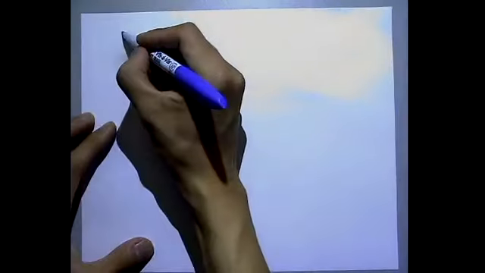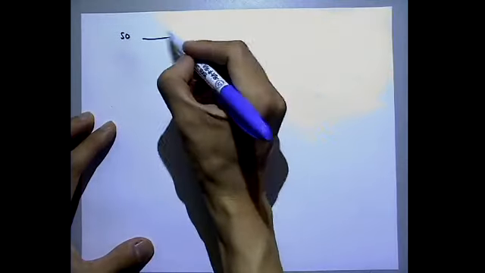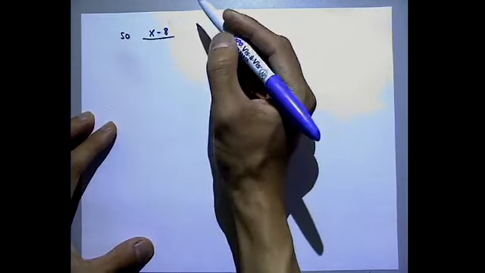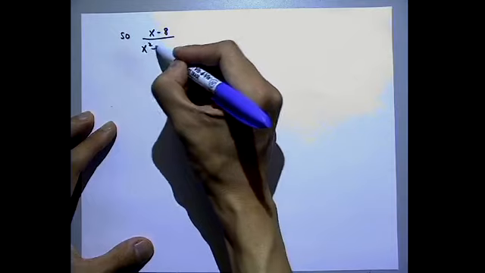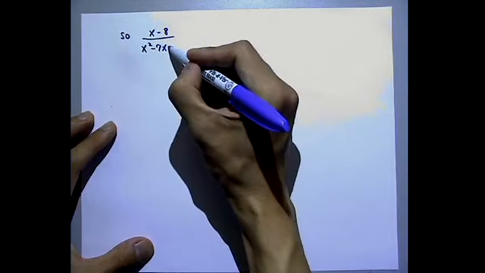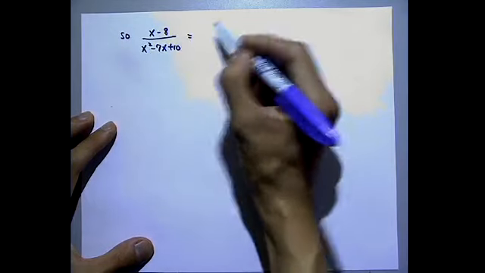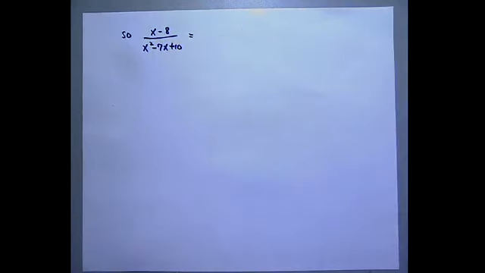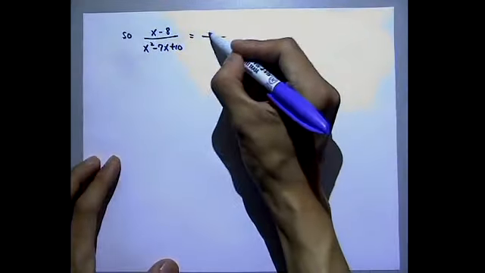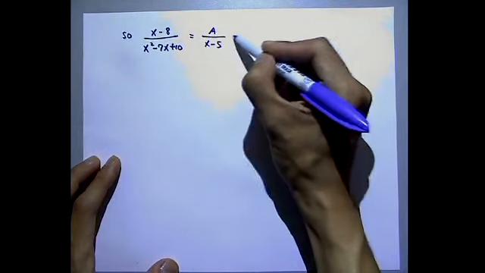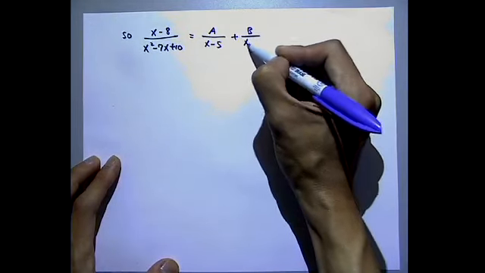So x minus 8 over x squared minus 7x plus 10, we said this was a over x minus 5 plus b over x minus 2.